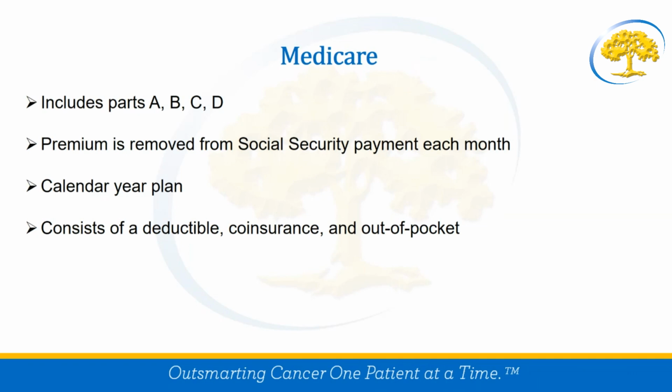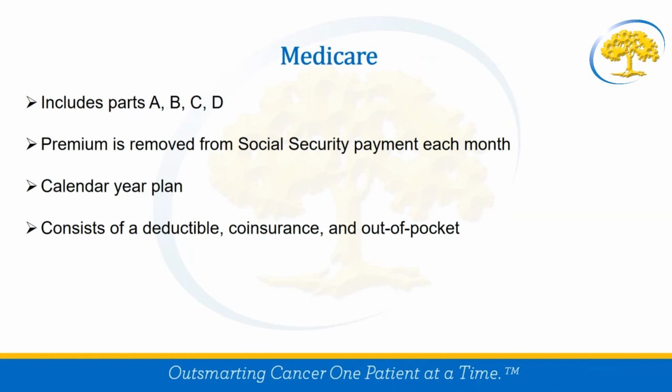And Part D is drug. So you guys may be familiar with that. And when it comes to Part D, that's prescription drug. So the premiums are removed from your Social Security payments each month that you receive. A lot of people are on a fixed income and they receive Social Security payments, and they'll just take out that premium each month.